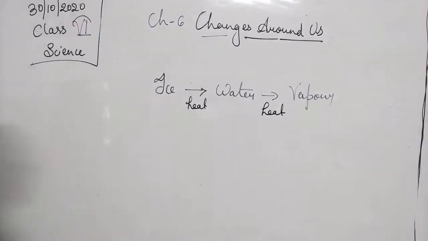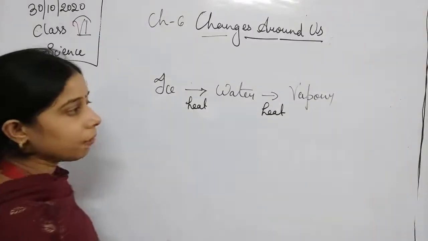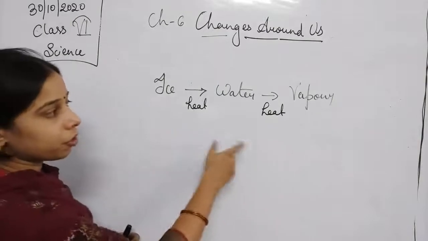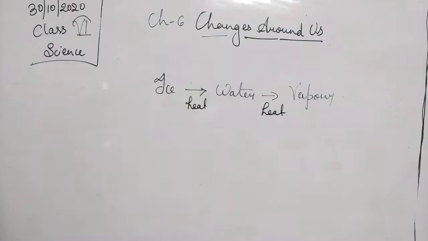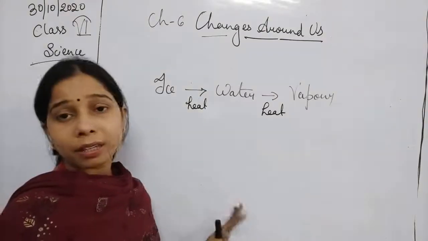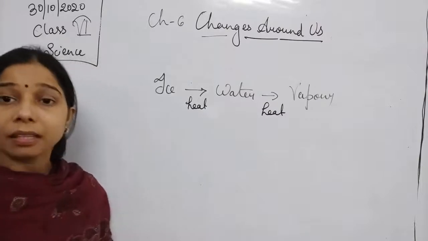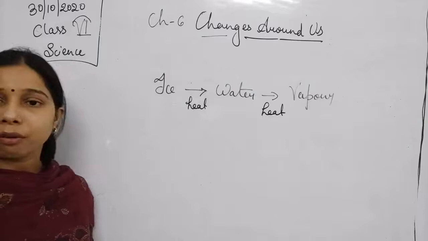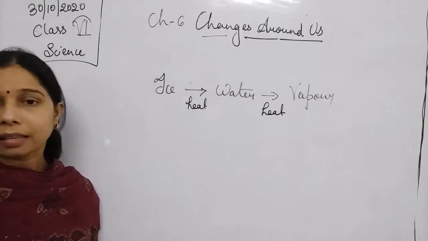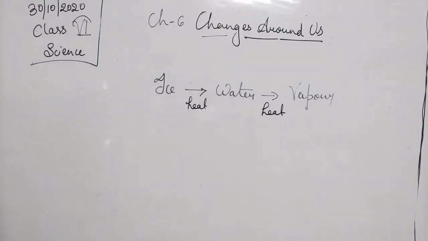So we can say that here heat is responsible for the change in its state. Now there are some more ways by which we can show the change in the material in its state, and these changes can be done by the action of heat, by light, and by electricity. So we can write it.